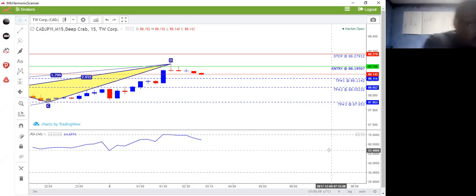First, the stop loss is going to be 88.27912. The entry point will be 88.19507. That is our entry point.